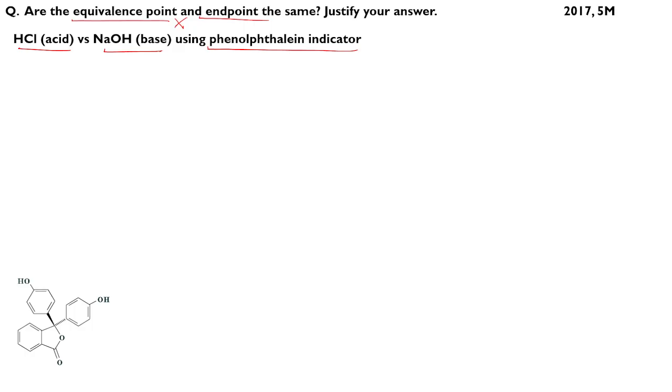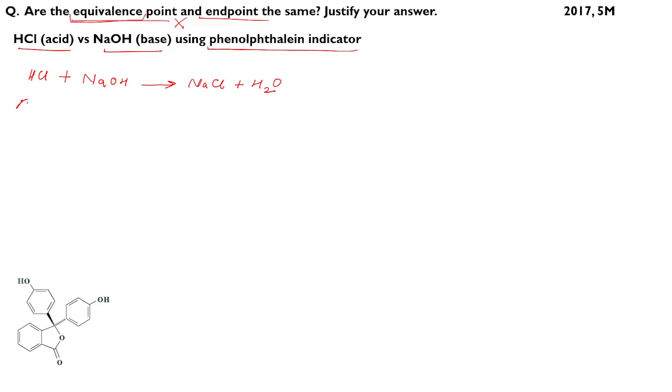Okay, basically what is the equivalence point? Equivalence point means when HCl reacts with NaOH, what will it form? It forms NaCl plus water, right?